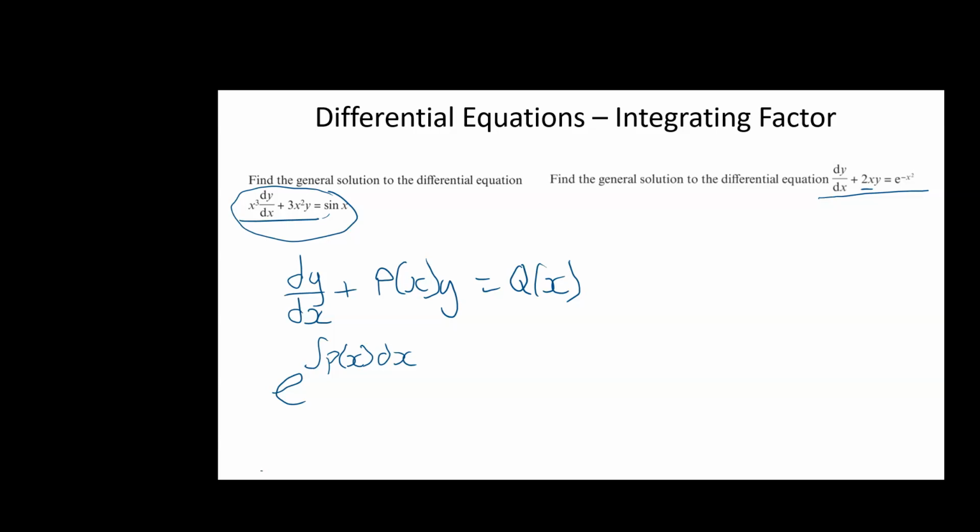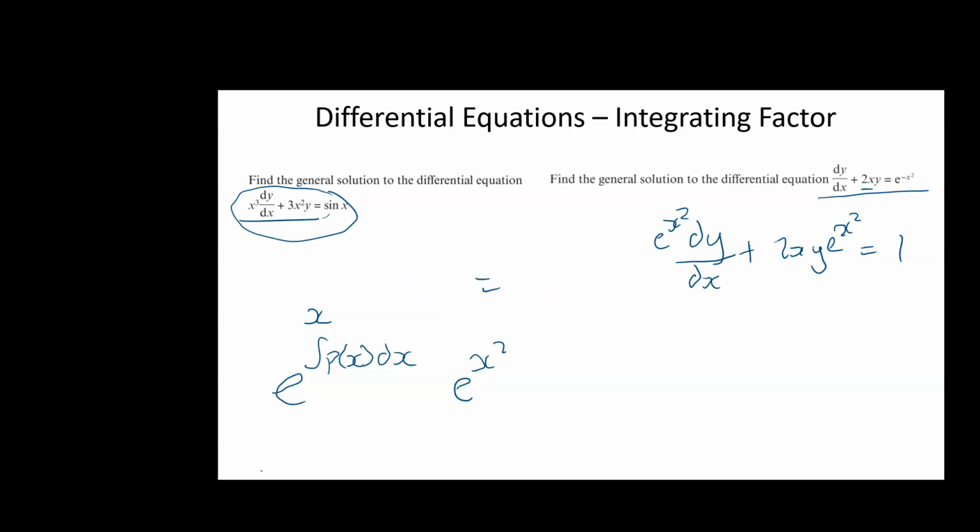So we're going to times everything in this equation by e to the x squared. And we get e to the x squared dy by dx plus 2xy e to the x squared equals, and then if we times e to the minus x squared by e to the x squared, we're just going to get 1. And now we need to check if this is the product rule.